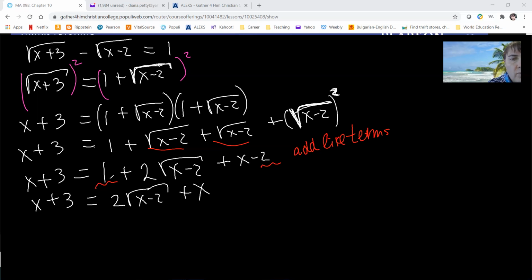The 1 and minus 2 became minus 1. I just rewrote whatever it was, but I took this one underlined in red and added it to this minus 2. So here we are.